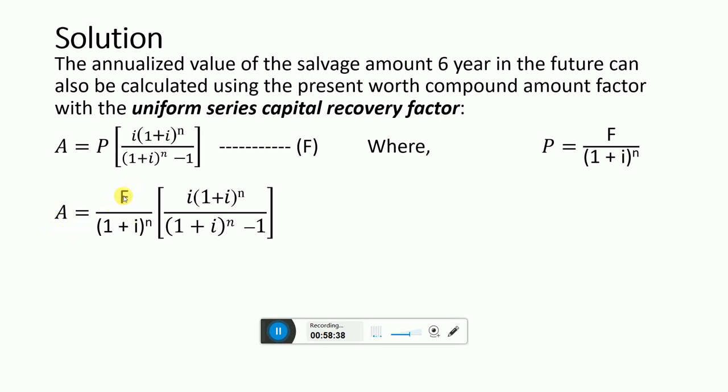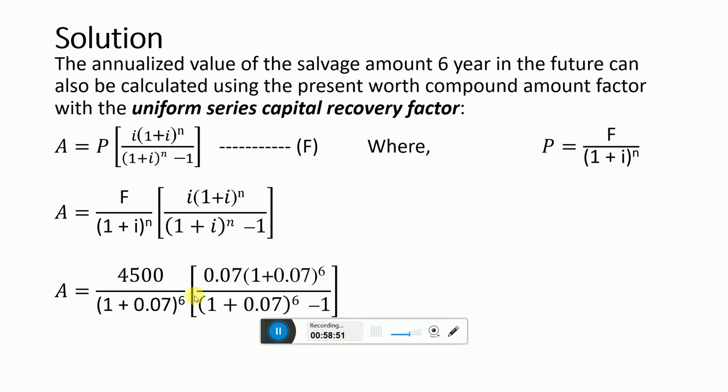F is 4500, I is 7% or 0.07, and N is 6. So putting values in this equation, we get 4500 times this value, where 1 plus I is 1 plus 0.07 power 6.